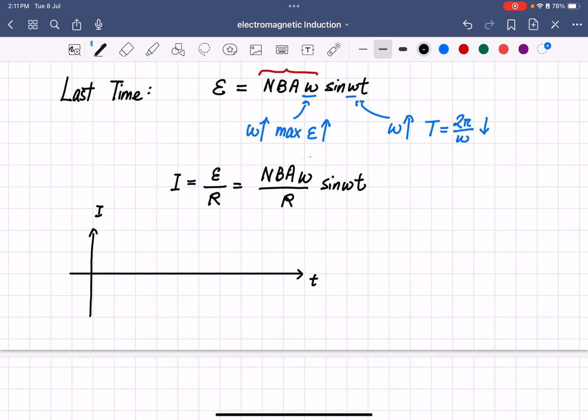So the current will be sometimes positive, sometimes negative, sometimes positive, sometimes negative. And then the maximum current is given by NBA omega over R, which is an exact parallel to the EMF induced.